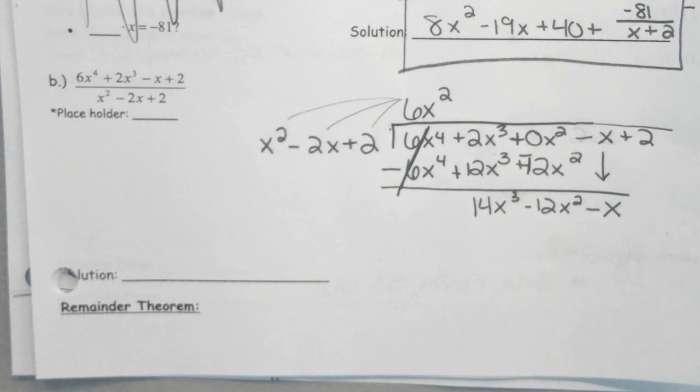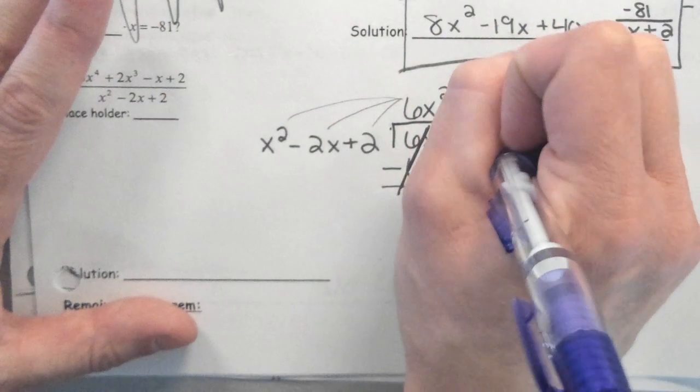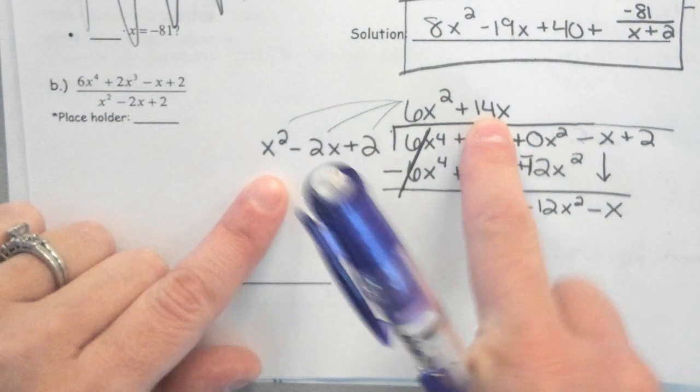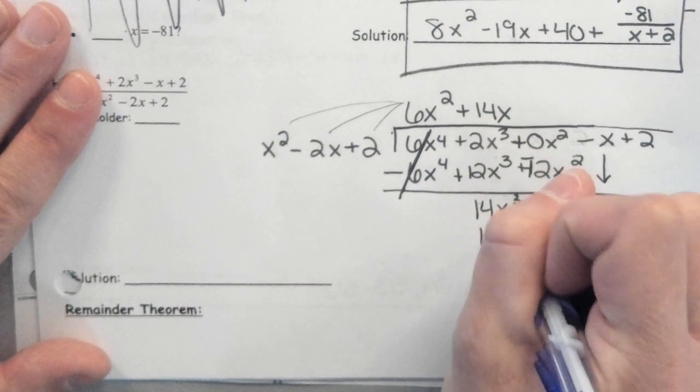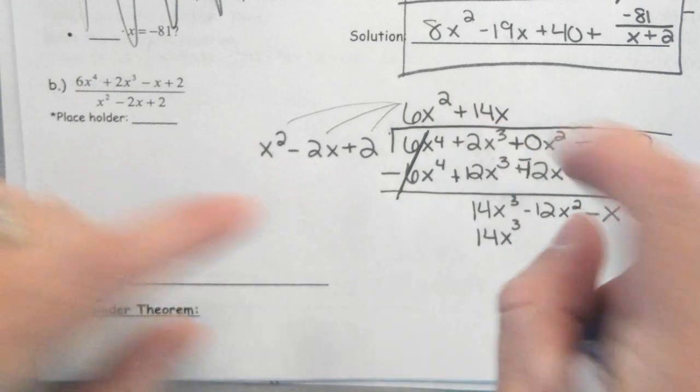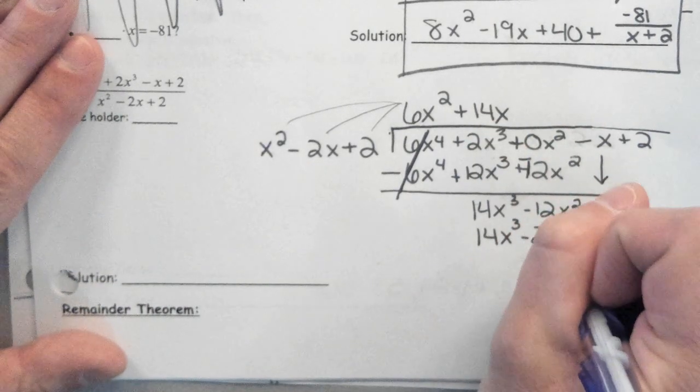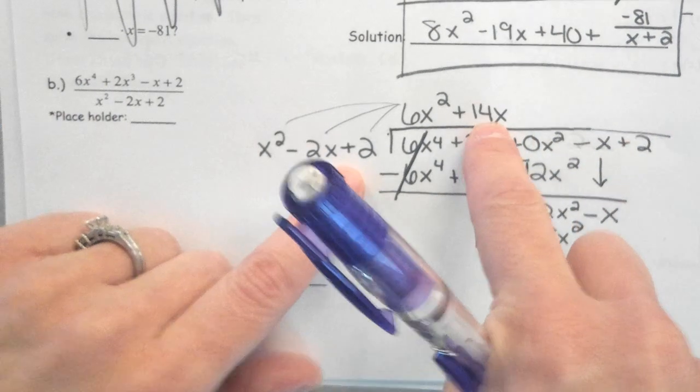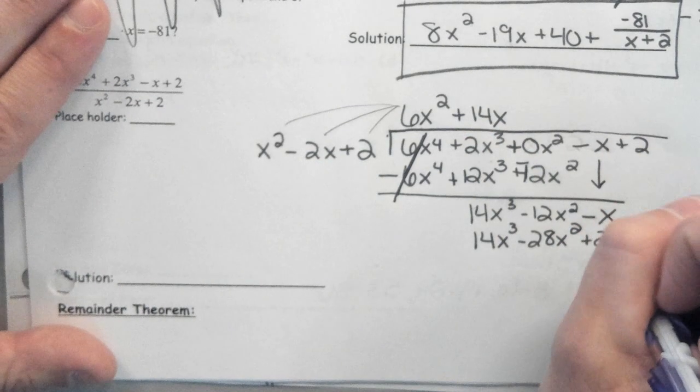Okay, here we go. Play the game again. X squared times what is 14x cubed? 14x. Here we go. 14x cubed minus 28x squared plus 28x.